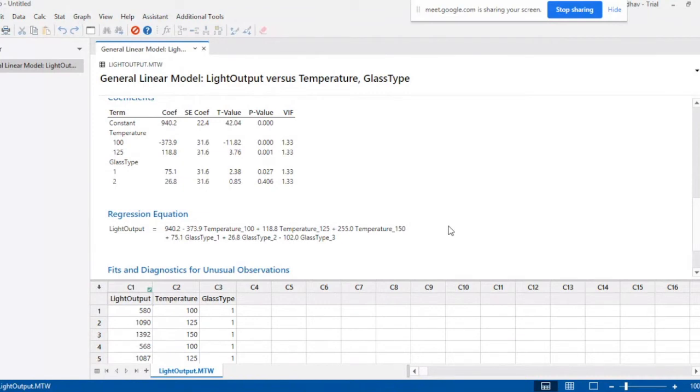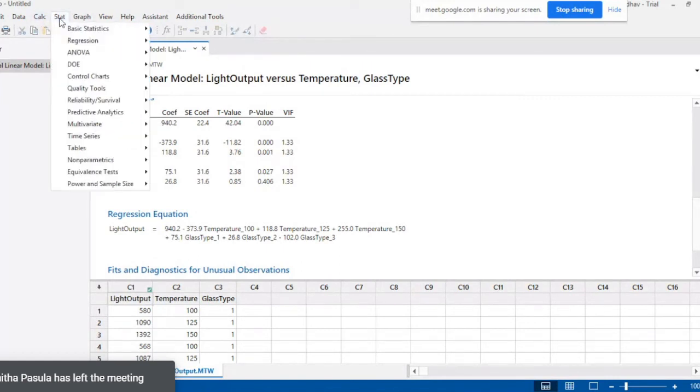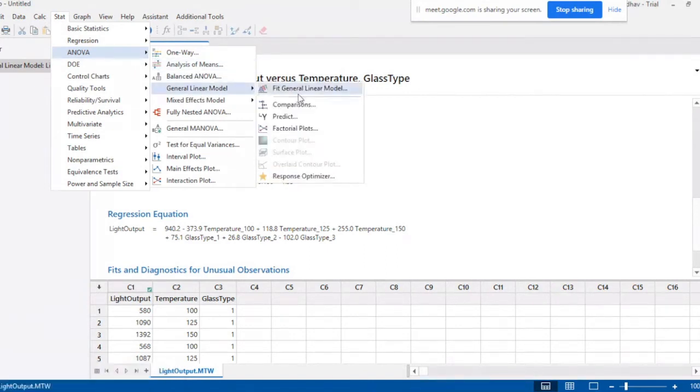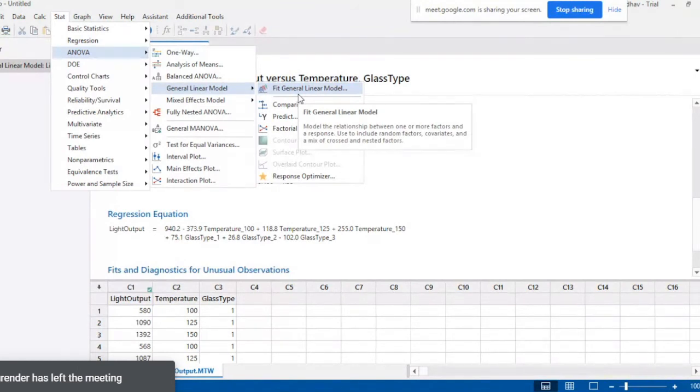So everyone has performed this general linear model, GLM. Is anyone facing any difficulty? Sir, after downloading the light output data, how to put it here? So go to Stat, ANOVA, General Linear Model, Fit General Linear Model.